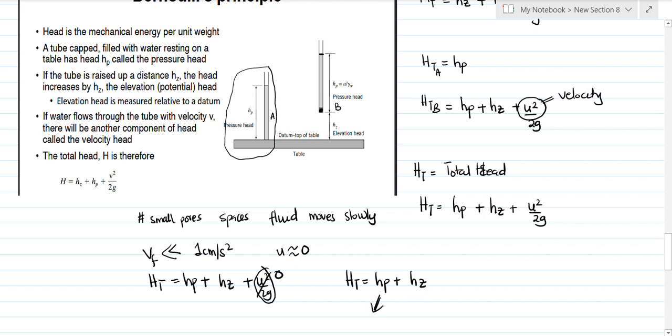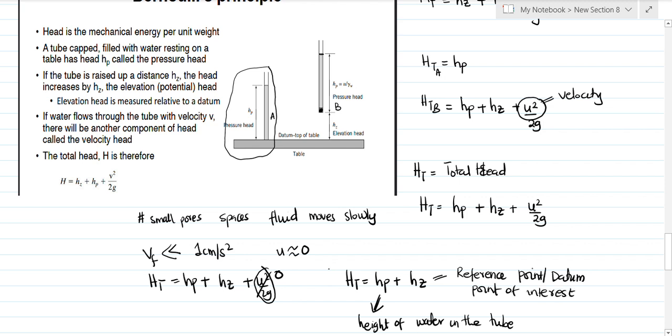The pressure head is the height of water in the tube. You get it? Then the elevation head is the distance from your reference point, or datum, to your point of interest.